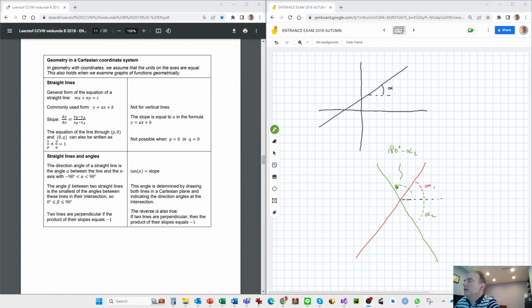Then to find the smallest angle, you need to look at the angle in this direction, which is 180 minus alpha 2, and then subtract alpha 1. So you just need to make a drawing of the situation and then take the proper angles. If they are perpendicular, then the product of their slopes equals -1.